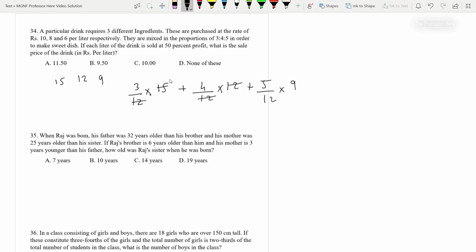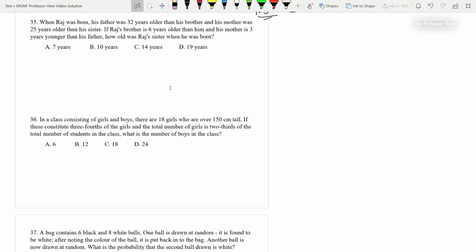We will get 15 by 4, which is 3.75, plus 4 plus 3.75. So 3.75 plus 3.75 is 7.50, plus 4 is 11.50. Option A is the answer. So let's move on to the next question.